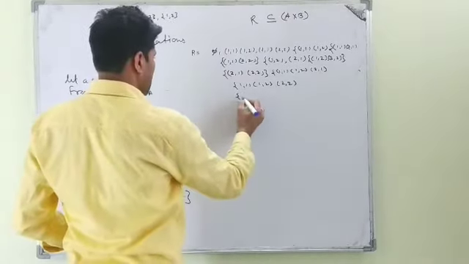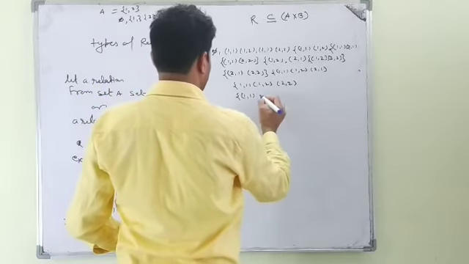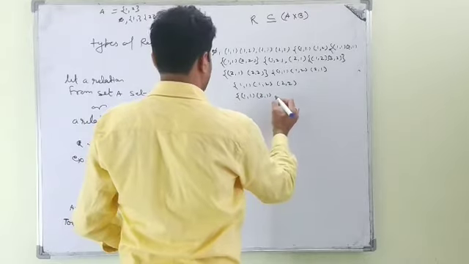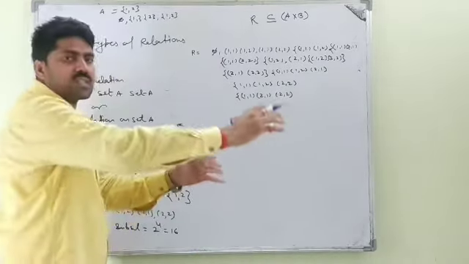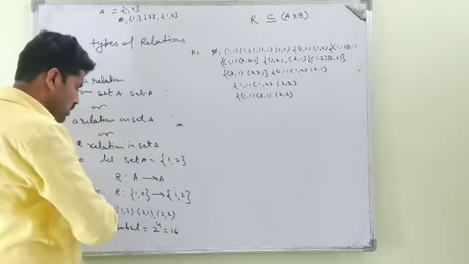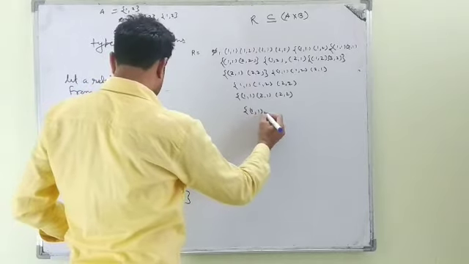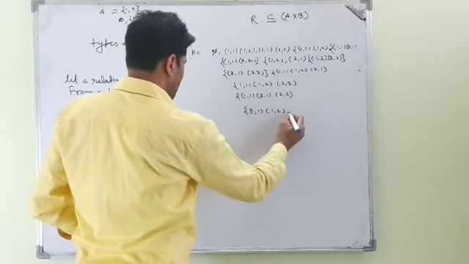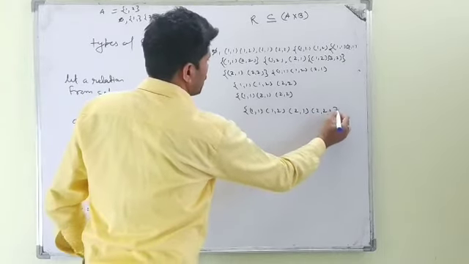Third is (1,1), (2,1), and (2,2). And one pair of 4. Pair of 4 means the whole Cartesian product: (1,1), (1,2), (2,1), (2,2).